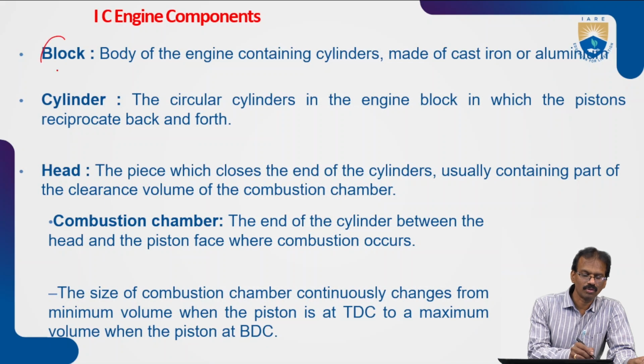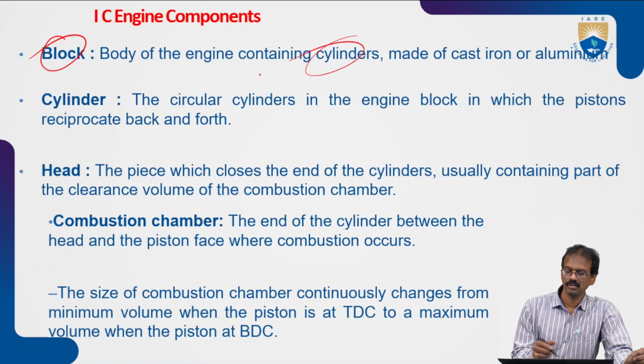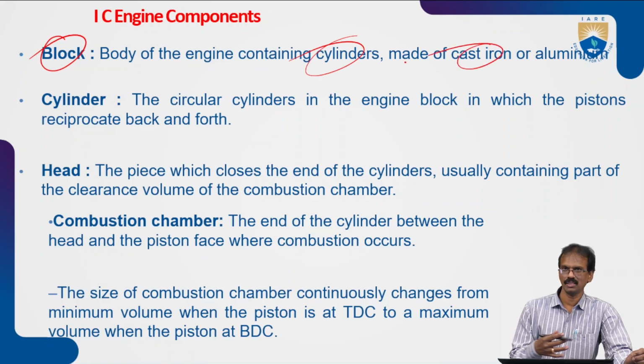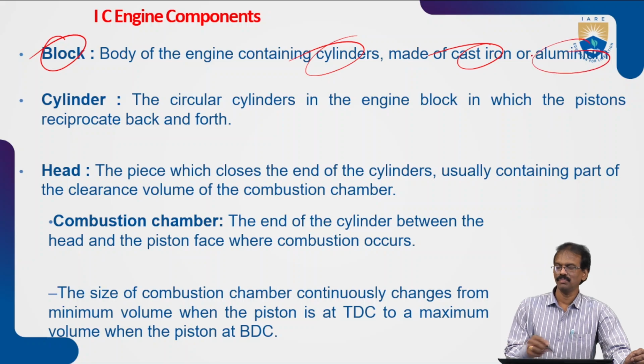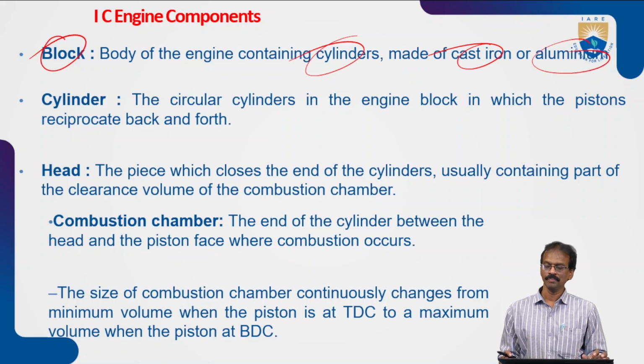The first one is the block. The block is nothing but the body of the engine containing all the cylinders. The cylinders are made of cast iron. Previously cast iron was used. Nowadays aluminum is being used rapidly because aluminum has good corrosion resistance compared to cast iron, is also lighter in weight, and can withstand the temperatures.